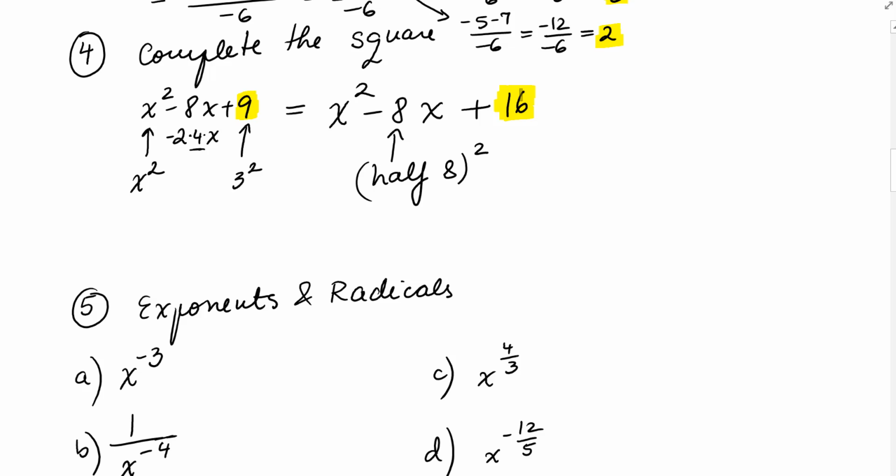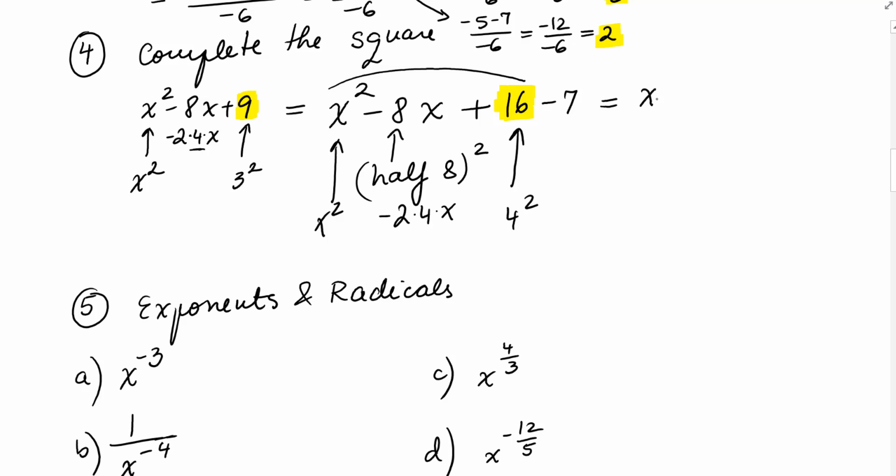So mathematically, the equation has to be the same, right? So I'm going to subtract the 7, and that makes it 9 again. Now these three are actually x squared, 4 squared, and in the middle I have negative 2 times 4 times x. So it's x minus 4 squared minus 7. And we completed the square.